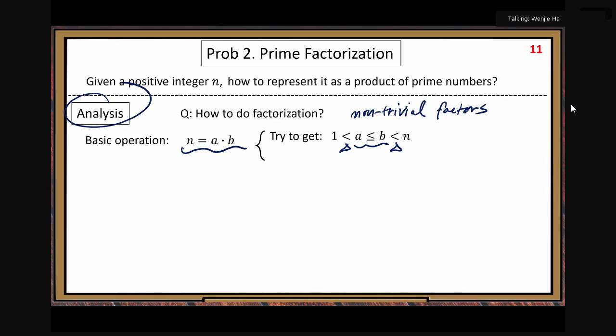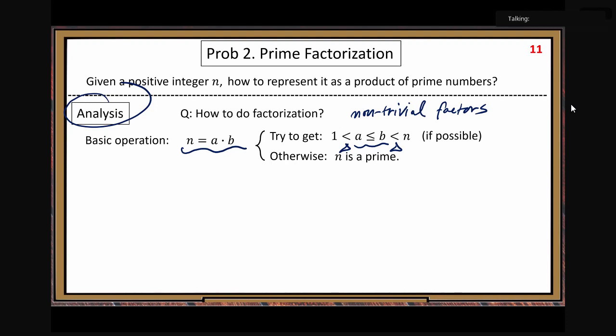But you may not be able to find any non-trivial factor. In that case, n is a prime. If n does not have any non-trivial factor, it's a prime. If it has one non-trivial factor, it's a composite number. That's our understanding.